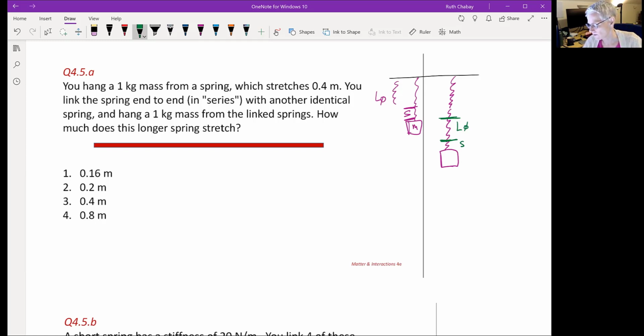So it's supporting the mass of the spring, but also supporting this bottom thing. So it also is going to stretch by an amount S. So the total stretch is going to be 2 times the original stretch.